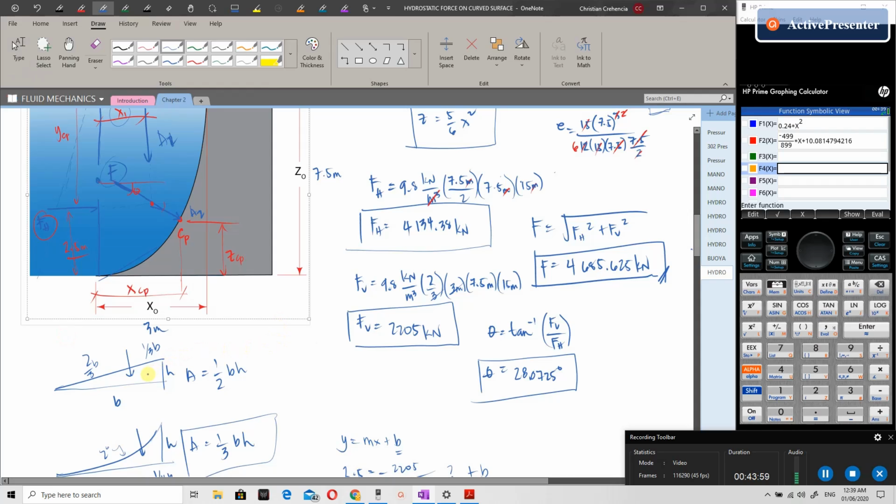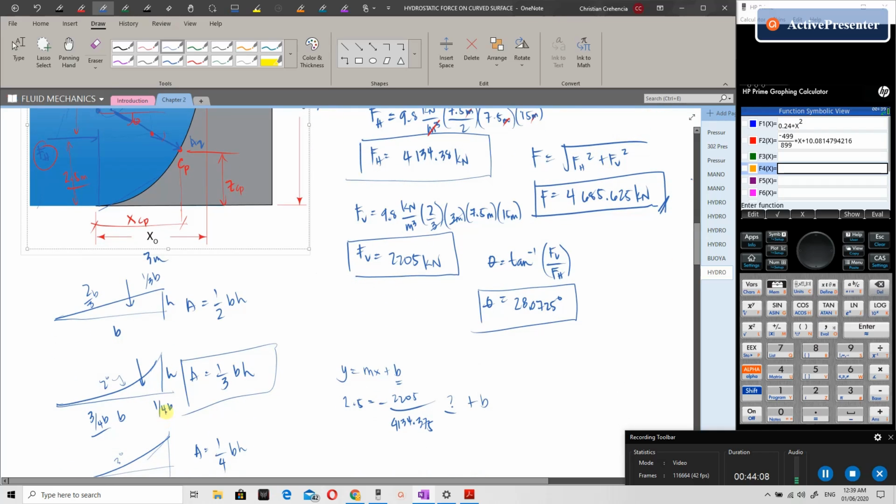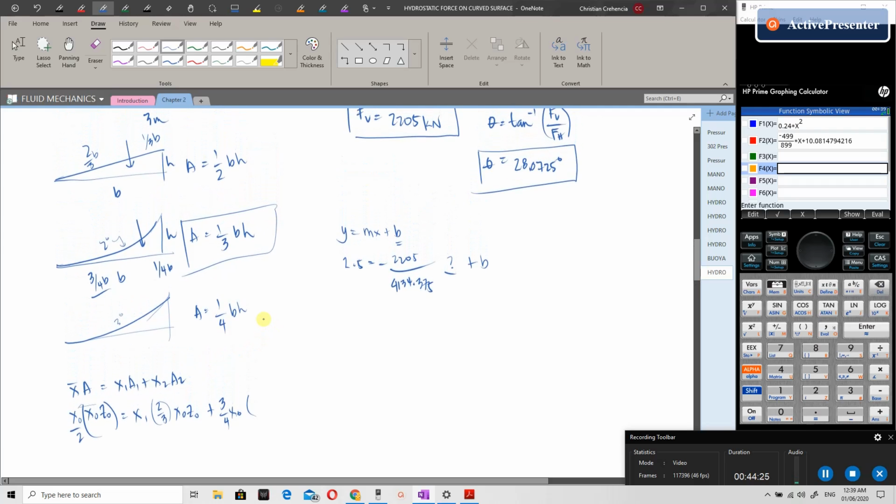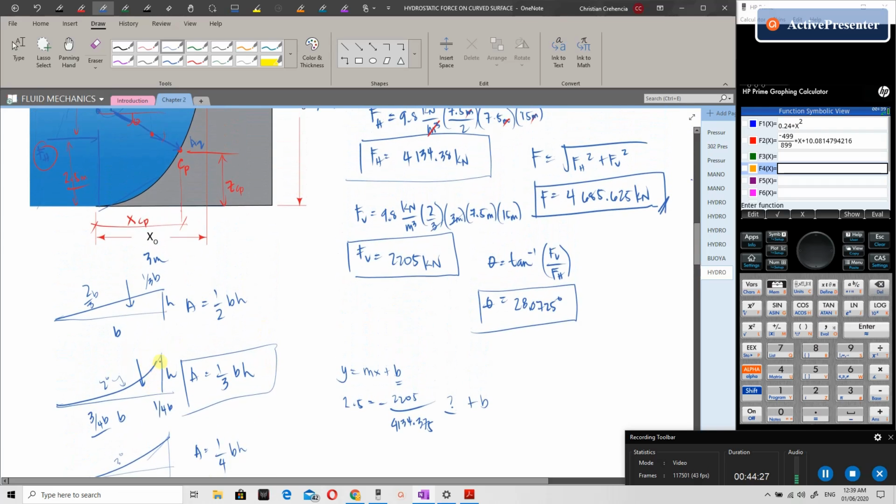Again, pag triangle kasi 1/3, 2/3 pagka second degree. So yung denominator natin dito nadadagdagan isa. So yung 1/3 nagiging 1/4, then this will be 3/4 sa kabilang side. Okay, so we have 3/4 nung XO. Okay, sa yung moment arm. Then yung area natin is, okay, so area naman ito.